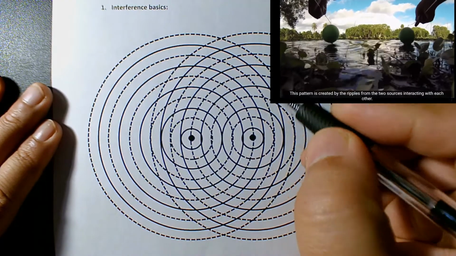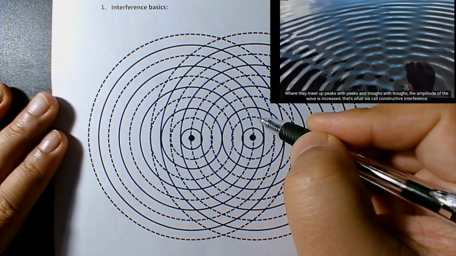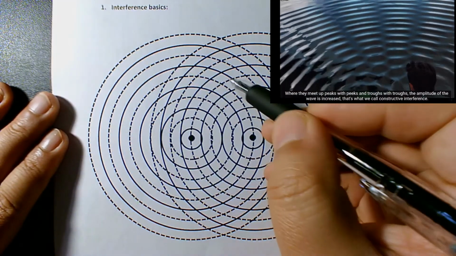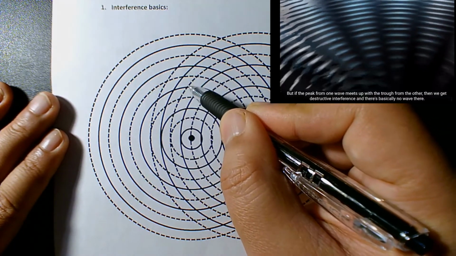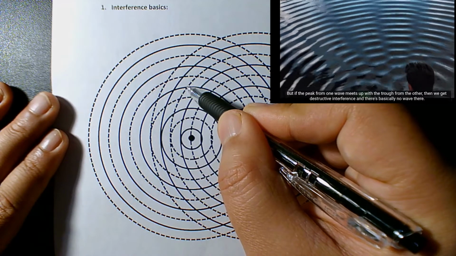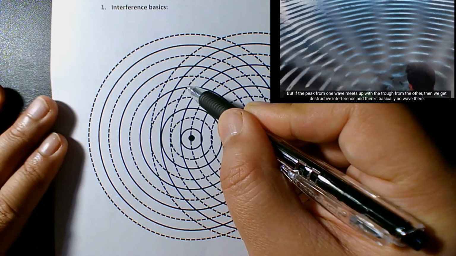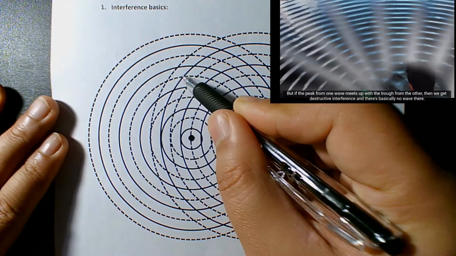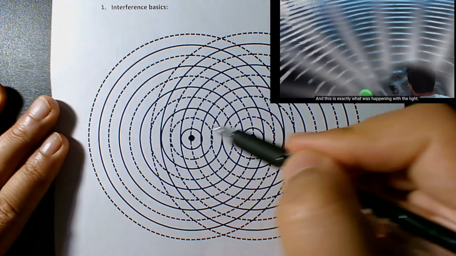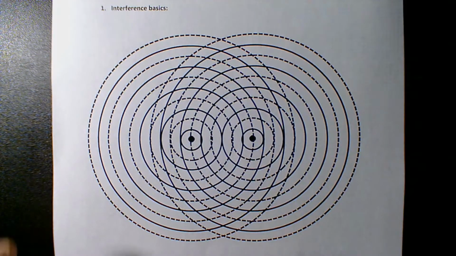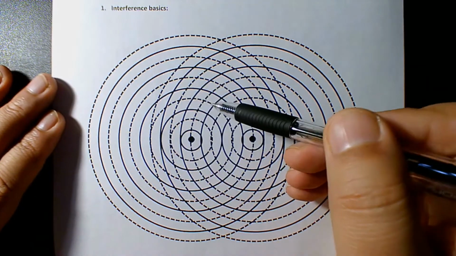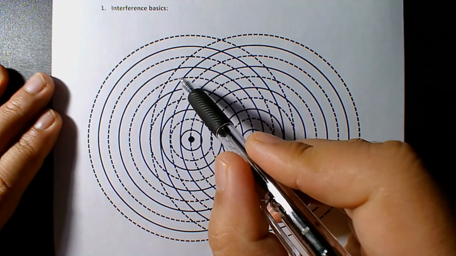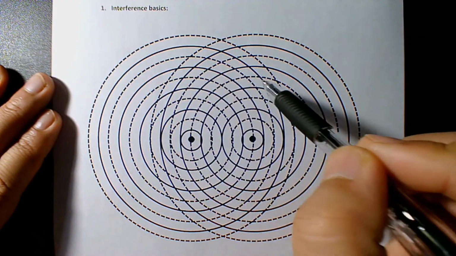However, if the crest meets with a trough, for example, right here, then they meet out of phase. That means these are the points for destructive interference. And then you will see an interesting interference pattern with constructive and destructive interference.